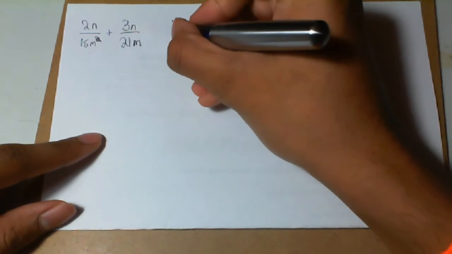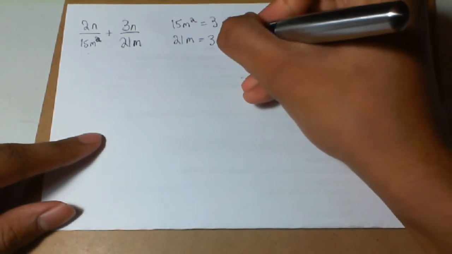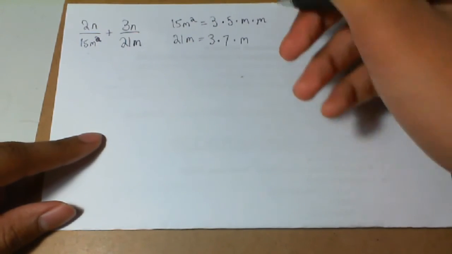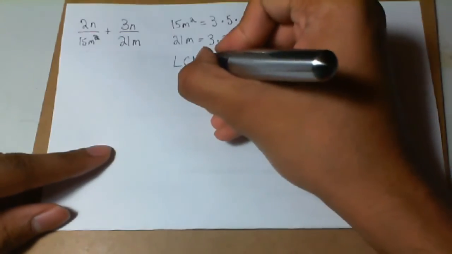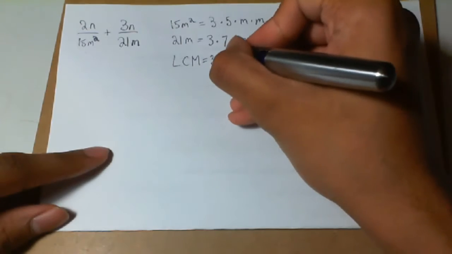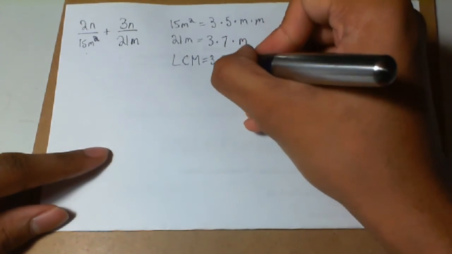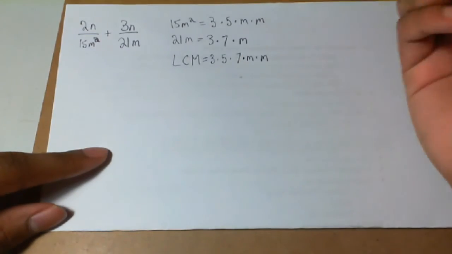And for 21m, it would just be 3 times 7 times m. And now the least common multiple for these two denominators would be 3 times 5 times 7 times m times m.